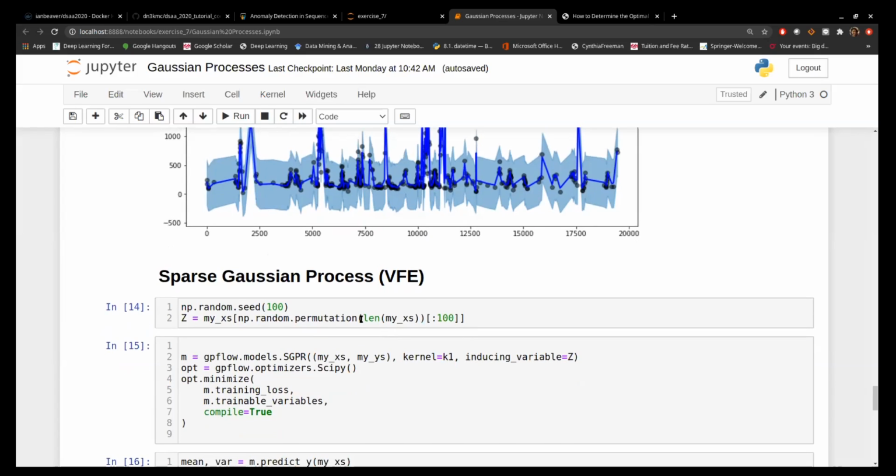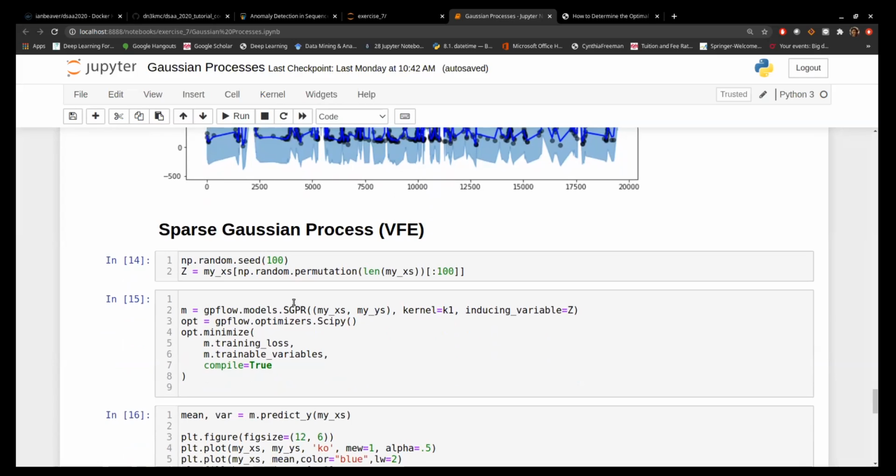And here I am simply initializing the inducing input set Z to be some random 100 points and training a sparse Gaussian process here in cell 15. The Gaussian process will determine the best inducing input set and parameters when we train it. And obviously, I'm looking at a toy example data set, but if you have a large data set, sparse GPs are the way to go.